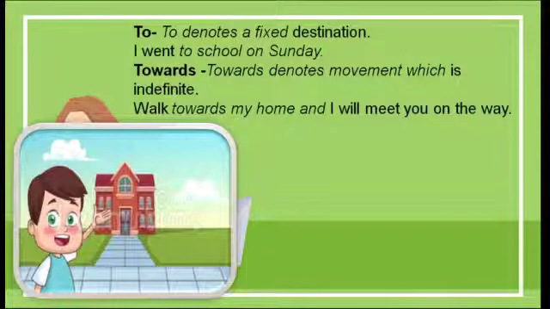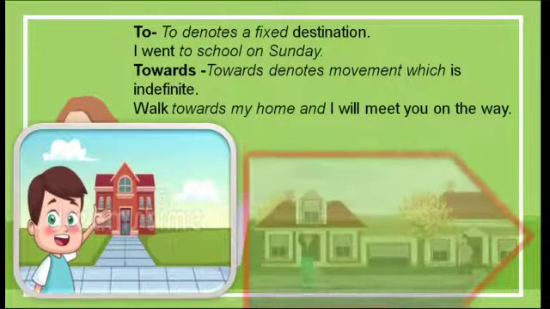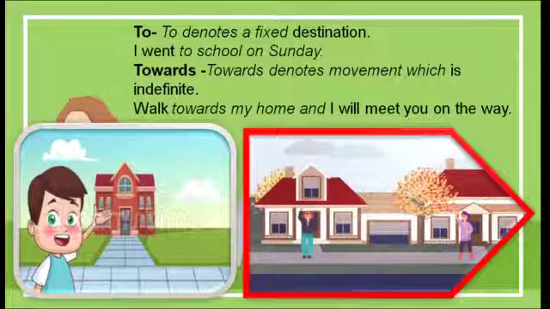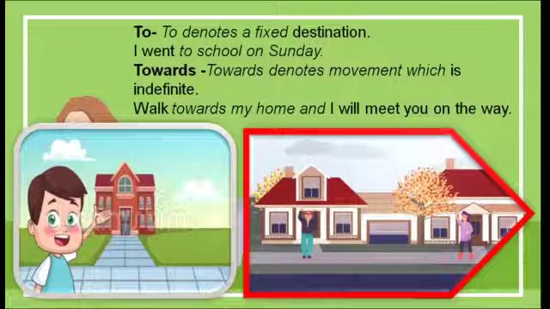Towards denotes movement which is indefinite. It means like, walk towards my home and I will meet you on the way. This meeting point is indefinite. So whenever we are moving towards any indefinite point, we will use towards.